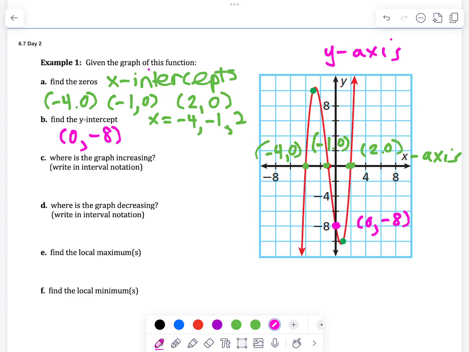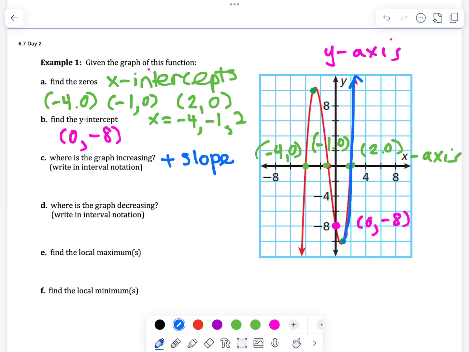Then we want to find out where the graph increases. So think of increasing as, if you were to create a line, what would be the positive slope if we had a line, but these are going to be curves. So the first positive interval is right there. So when we do intervals, we do these on the x-axis.